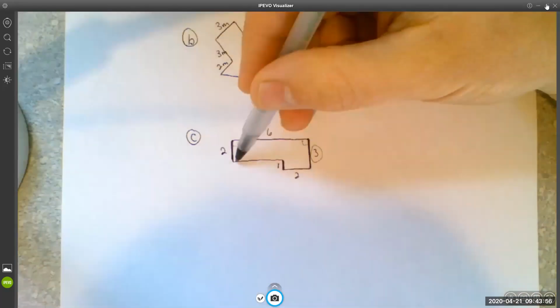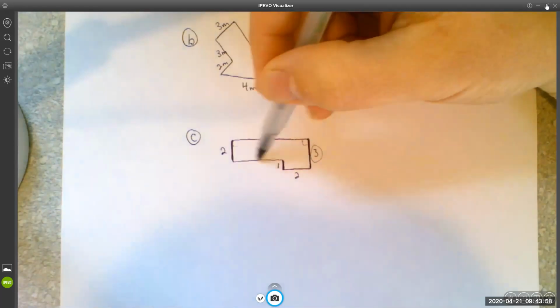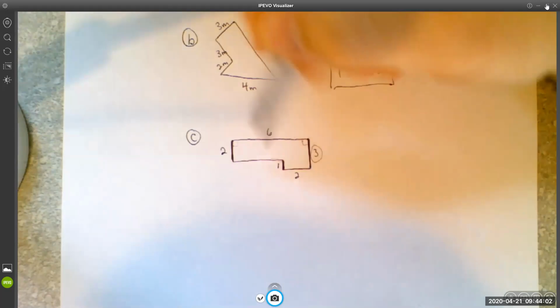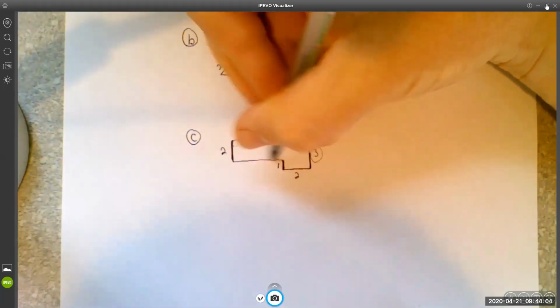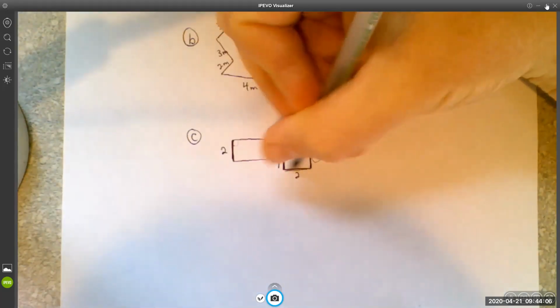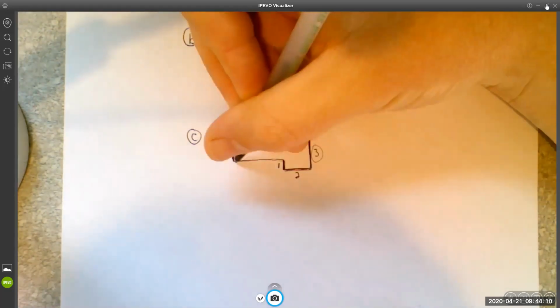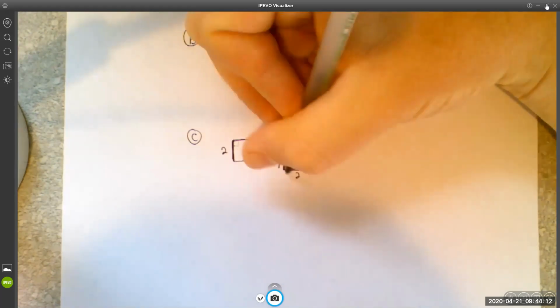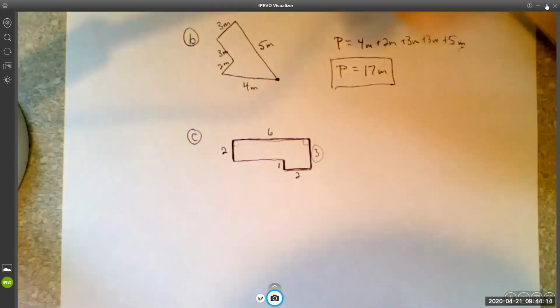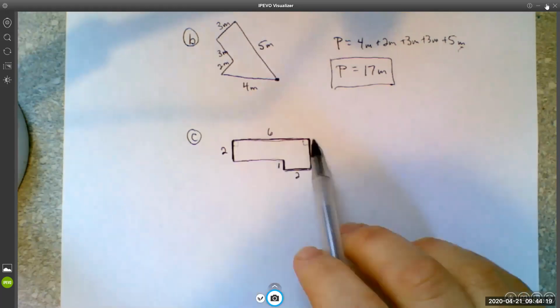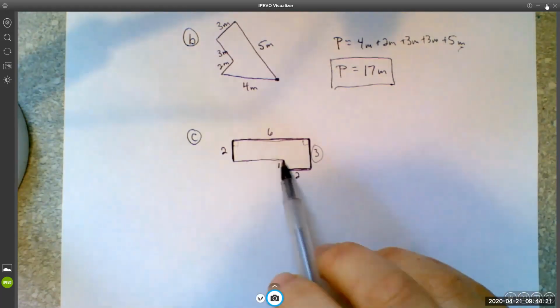We also need to figure out this side length. This one's maybe a little bit trickier. Again, we have some sides that are parallel to this one, like this side right here and this side right here. But this length cannot be 6 plus 2, because 6 plus 2 would be longer than 6, and this side right here is shorter than 6.